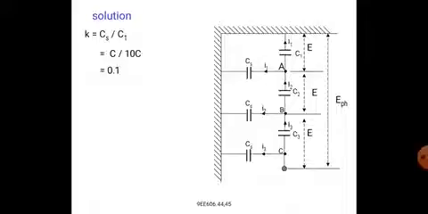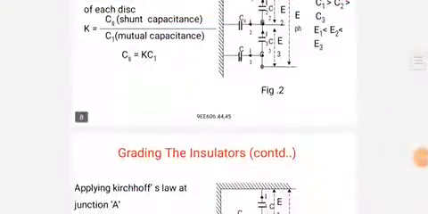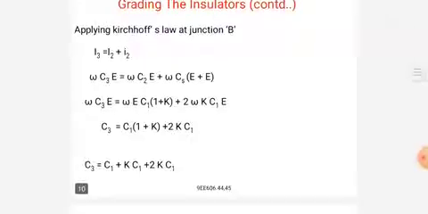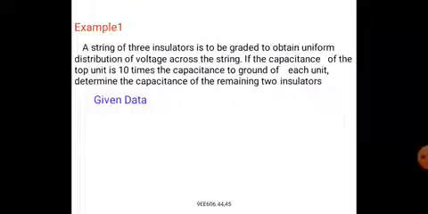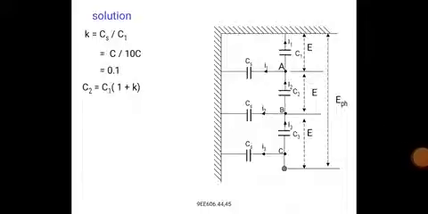And similarly, in this grading of the capacitors, C2 is equal to C1 into 1 plus K. That is C1 is equal to 10 into C, into 1 plus K, which is 0.1.